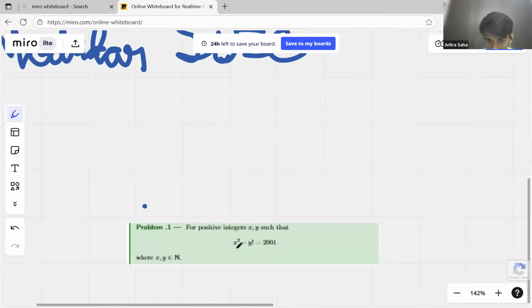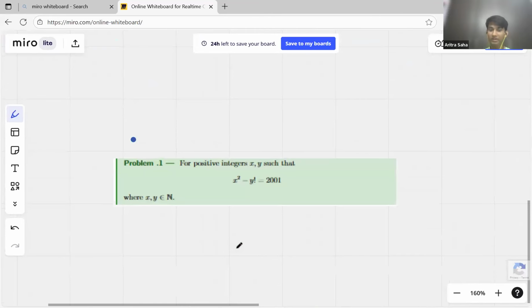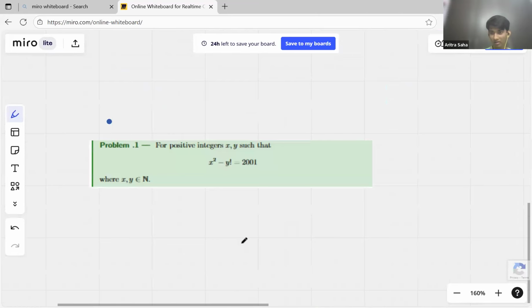You guys should give it a try. If you are done, you can write to me in chat or tell me aloud. You are given positive integers x and y, and you need to figure out when x squared minus y factorial is 2001.